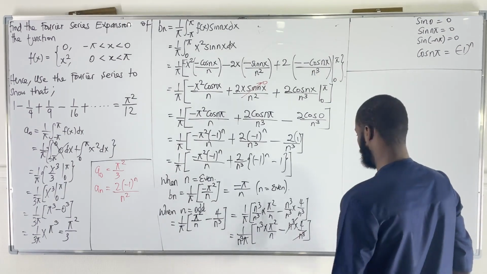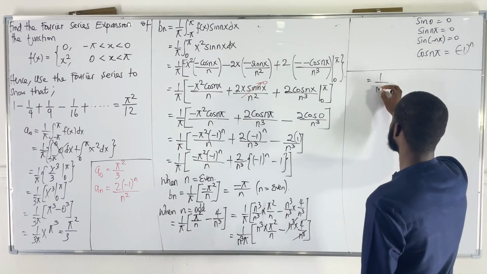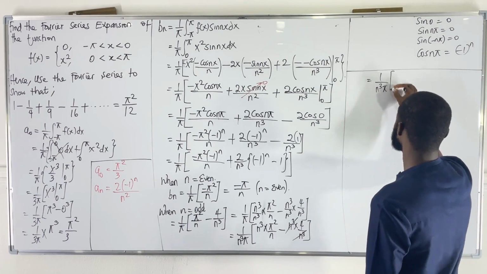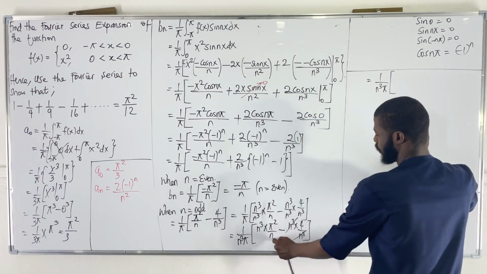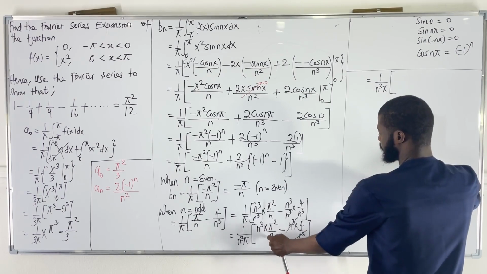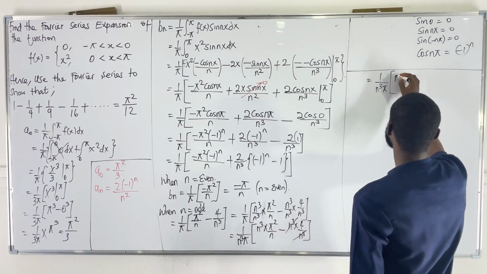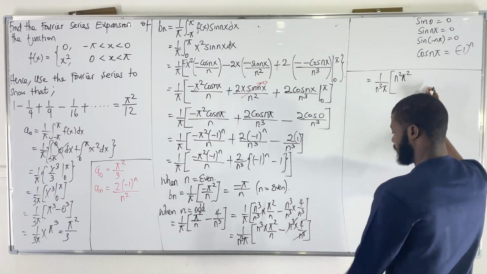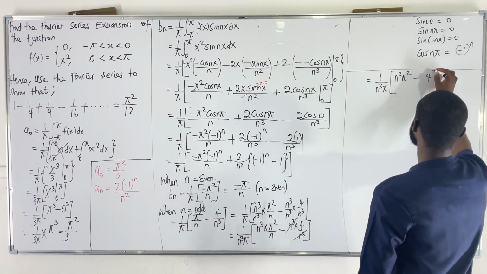We cancel out n cubed. So this is 1 over n cubed pi, and what is left here will become n squared pi squared minus 4.